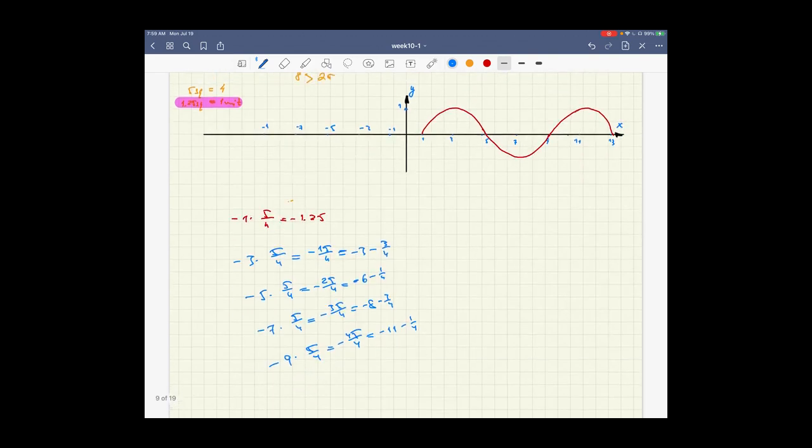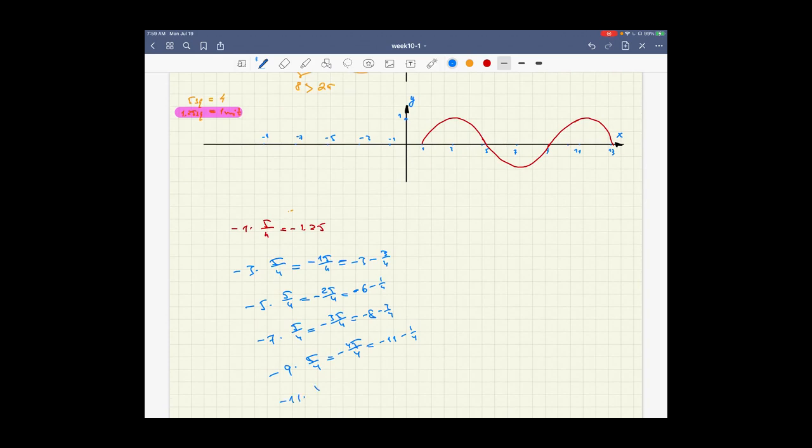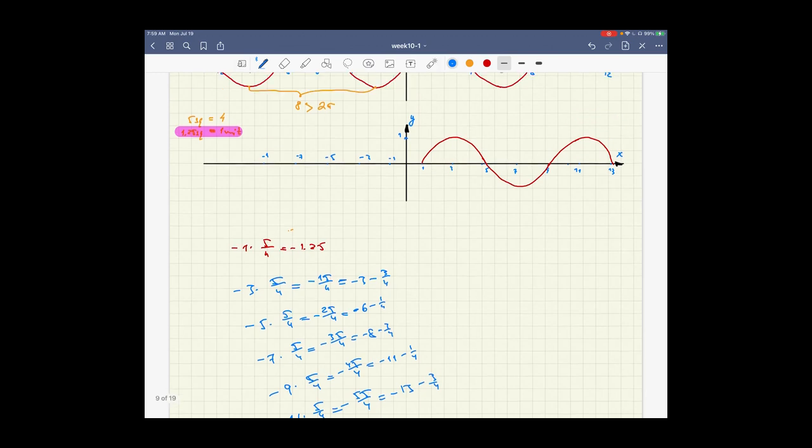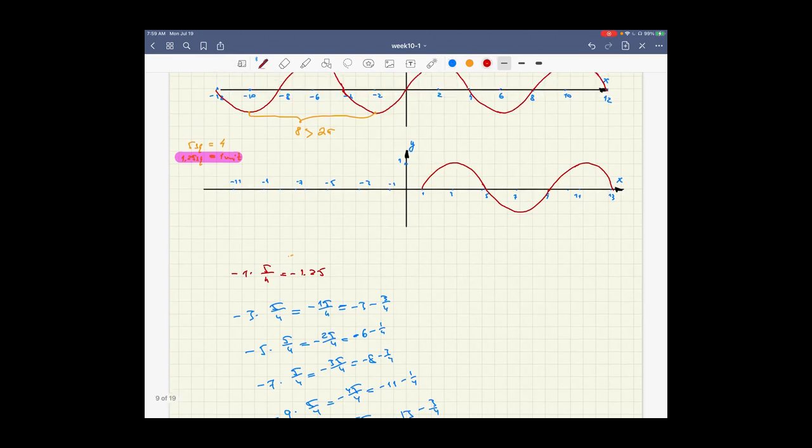And negative 11, that's negative 55 over 4. That's negative 13 and 3 more quarters.